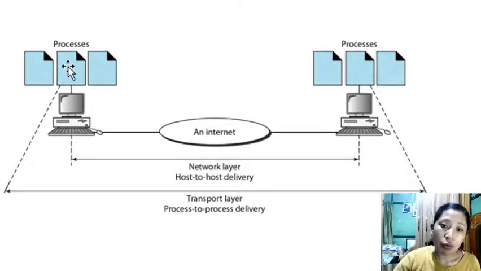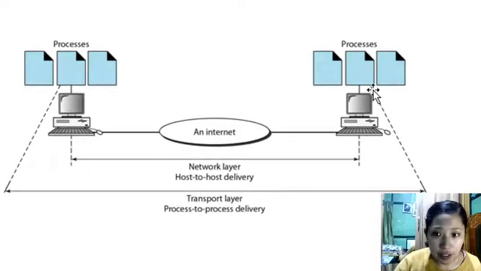One process generates a message, the computer sends that message to the network, and finally the receiver computer receives the message. Since there are three processes, the receiving computer first has to identify the correct process to which the message needs to be delivered, and then forward the message to that process. This is the function of the transport layer: process to process delivery is taken care of by the transport layer functions.